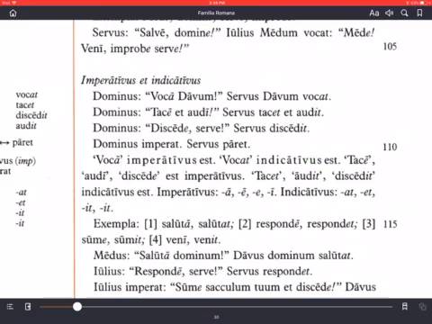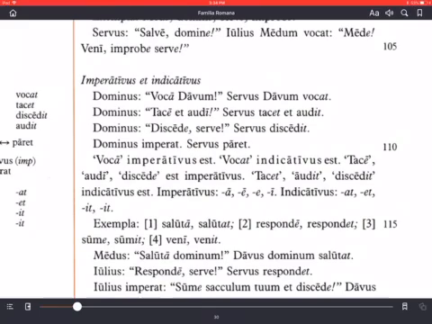Now, these give us examples of some of our major verb conjugations. Voca ends with an a, that's a first conjugation verb type. Tace ends with a long e, that's a second conjugation verb. Audi ends with a long i, that's a fourth conjugation verb. We'll learn more about these different conjugations later. But basically, as you learn verbs, you should pay attention to how they're spelled, in particular those vowels that are involved.